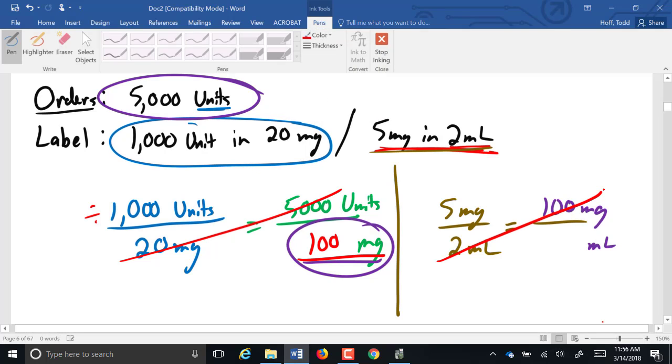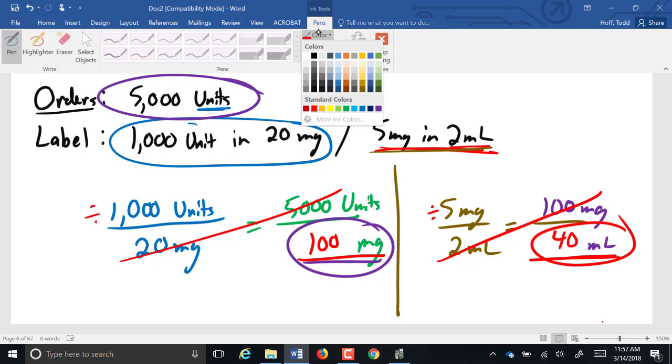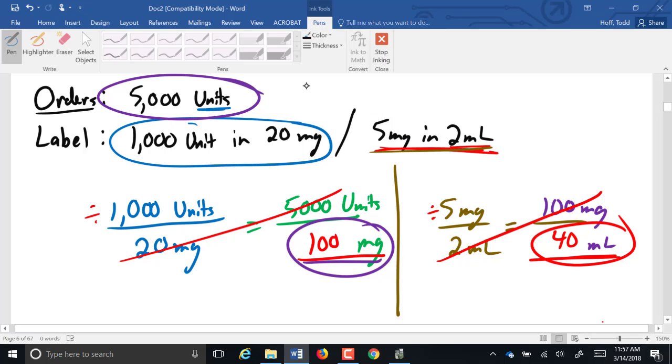We cross multiply and divide. 2 times 100 divided by 5 gives us 40 milliliters that we administer to the patient. So you can see there's one of our weaknesses of that proportion, and we'd have the same issue with the dosage formula. We would have to apply it twice in a situation like this.